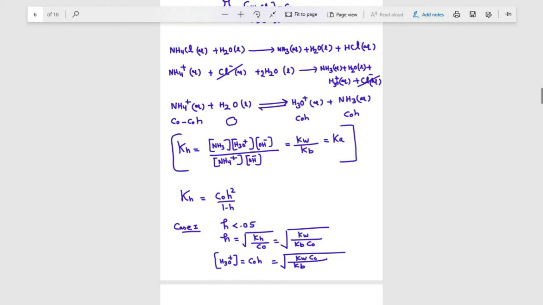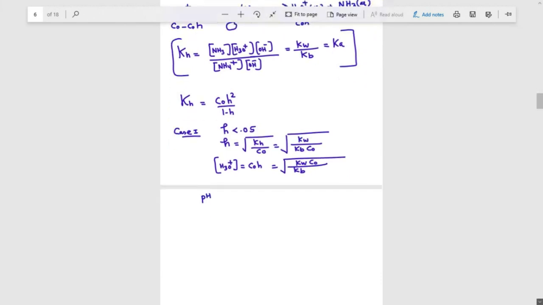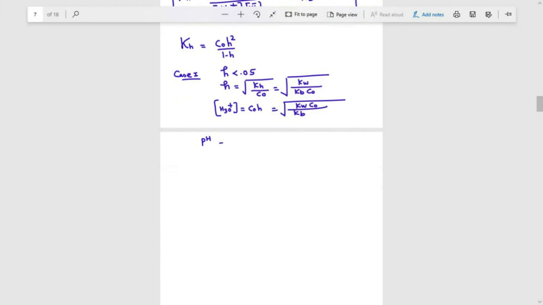If you take minus log on both sides, you can write that the pH of this solution is equal to half times pKw minus pKb minus log C naught.